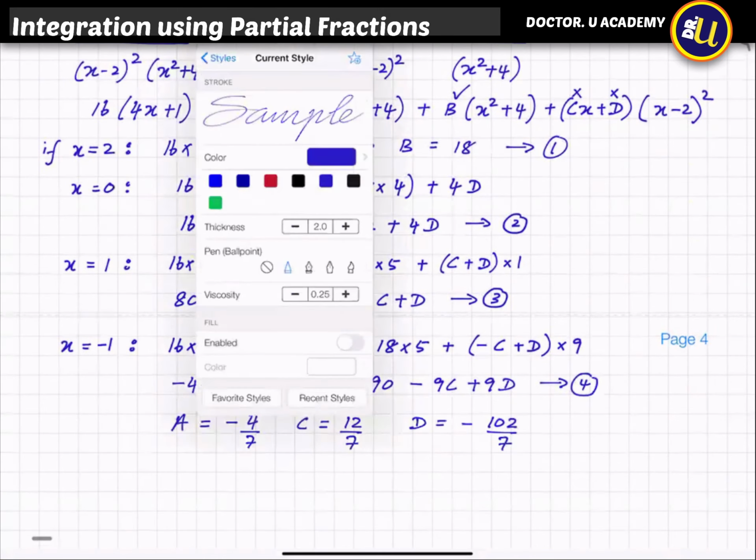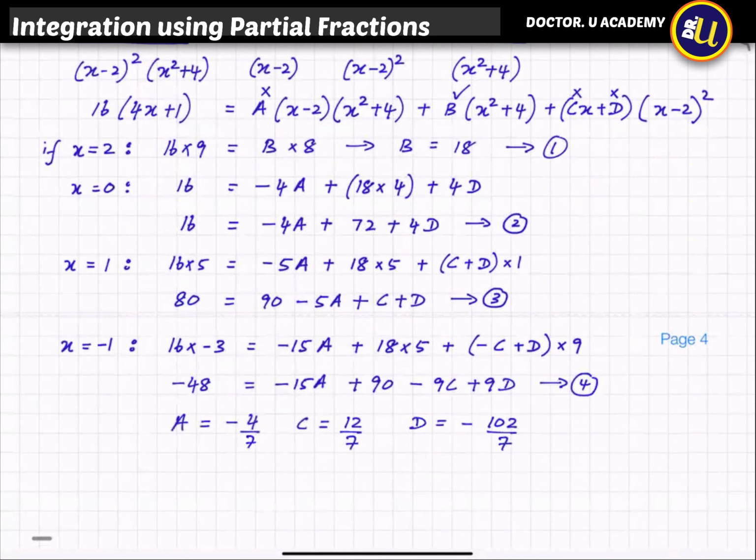Okay, so if we solve these 3 simultaneously, we get a as minus 4 divided by 7, c as 12 divided by 7, d as minus 102 divided by 7.